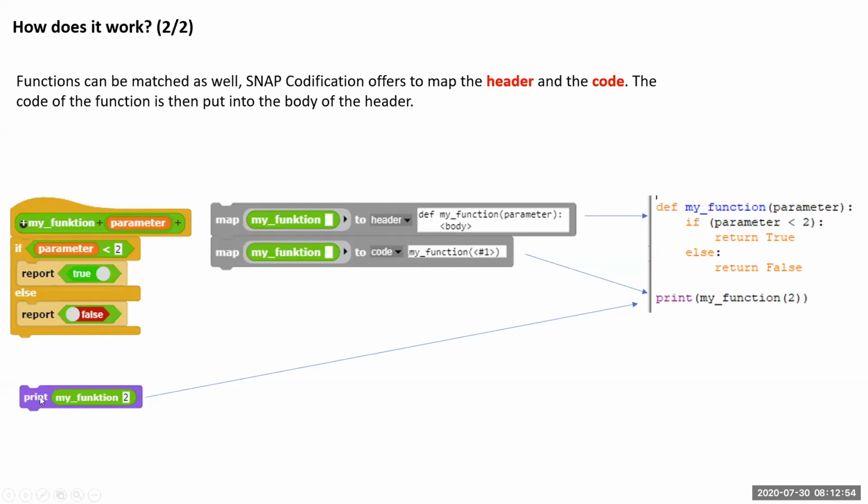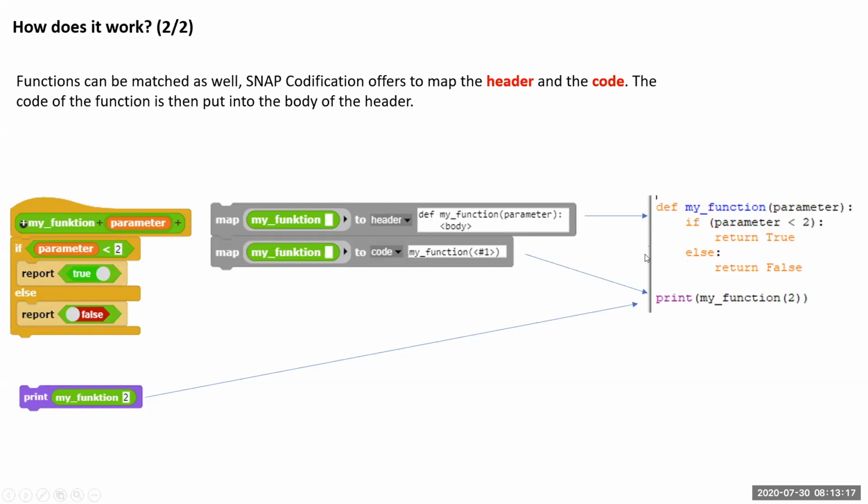Then here on the bottom, if I use this function I defined, here my function with a parameter, then within my Python code the function is called, is then mapped and created in my Python text.